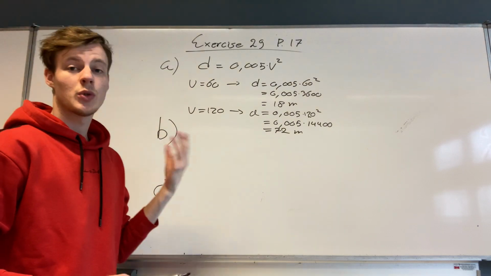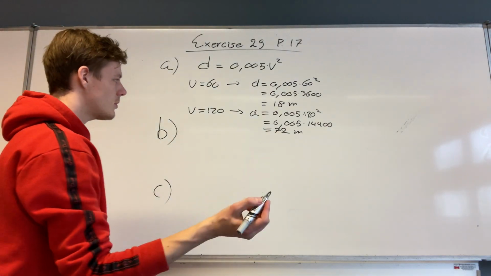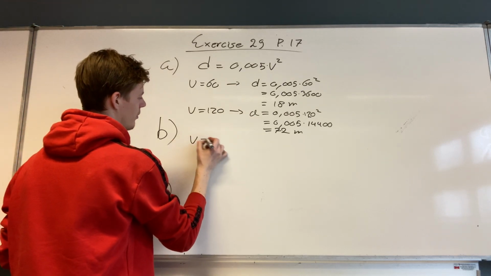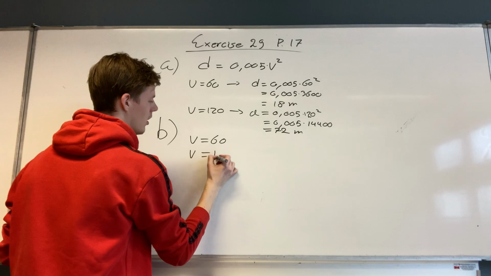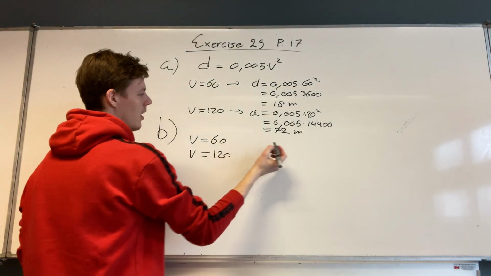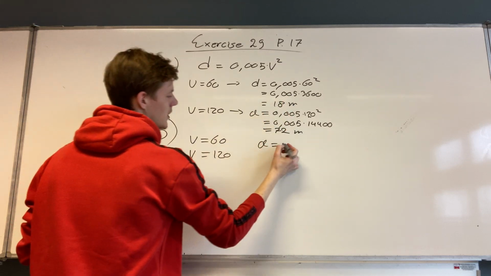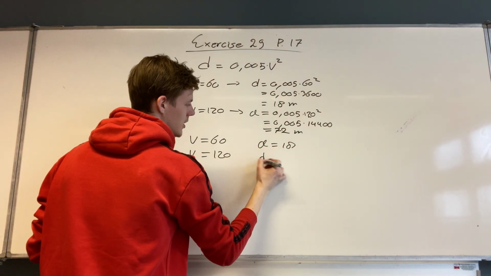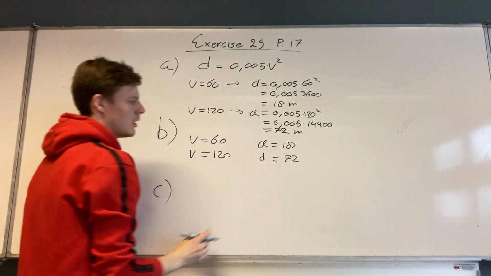And one is twice as fast as the other. So let's look. If we have a velocity of 60 and a velocity of 120 kilometers per hour, then the distance with 60 equals 18, and the distance with 120 equals 72.